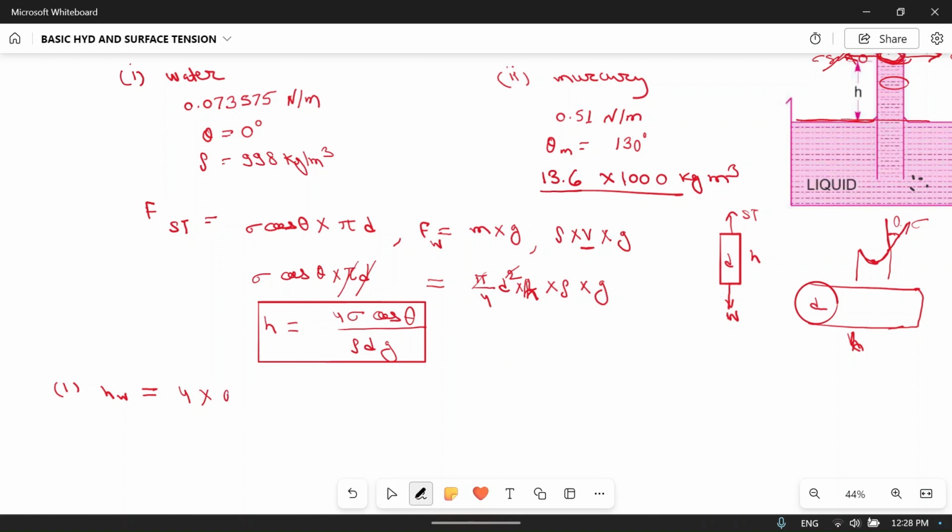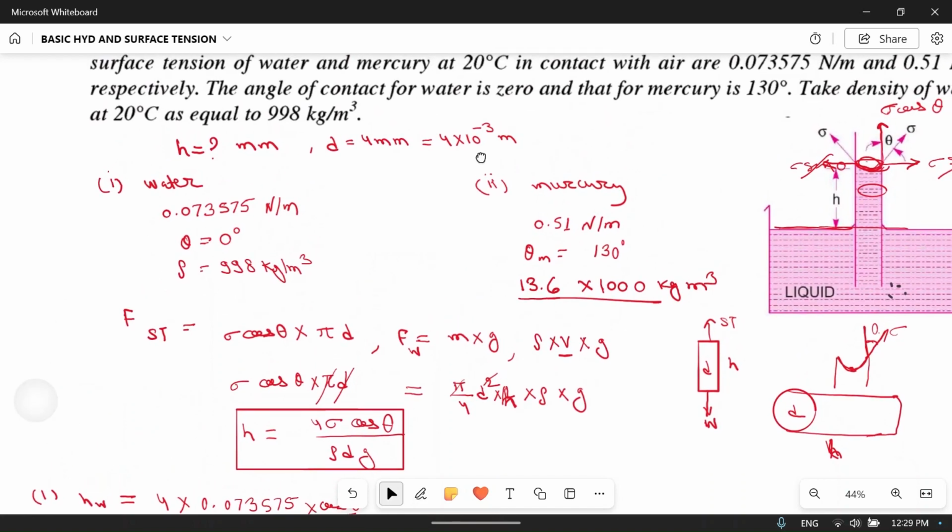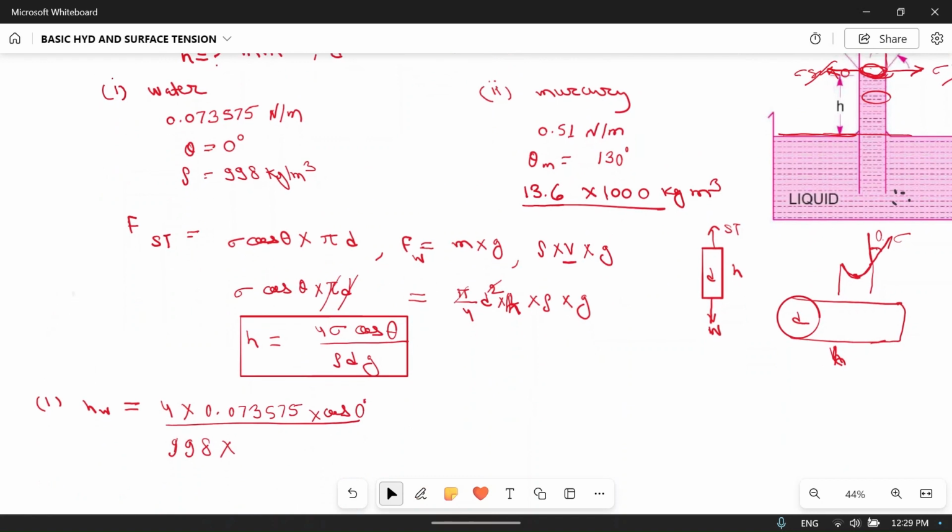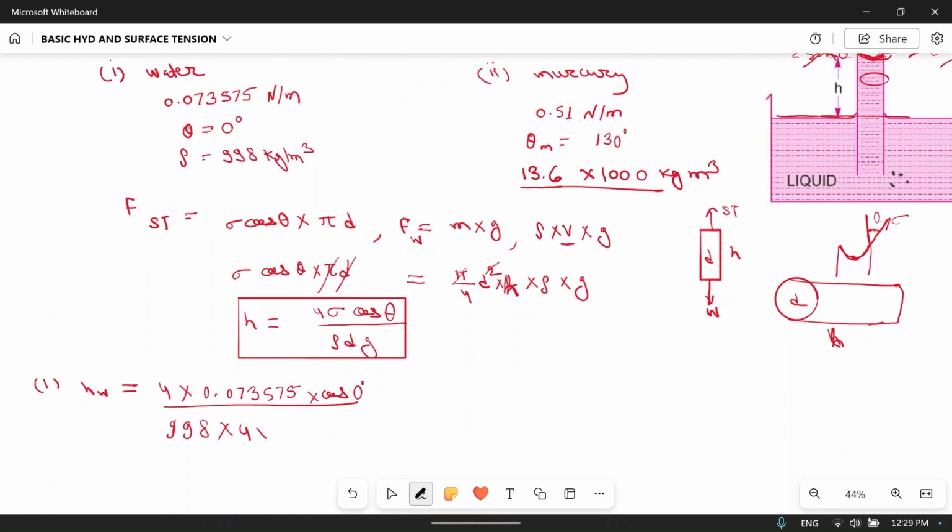Sigma is 0.0735575 into cos 0 divided by rho, density of water, is 998, into diameter, we have seen already, 4 into 10 to the power minus 3, into acceleration due to gravity, 9.81.